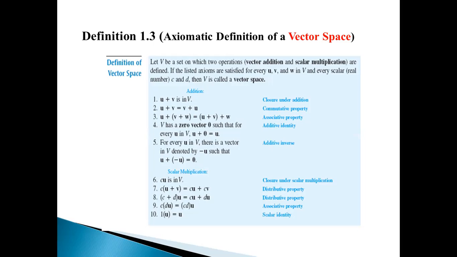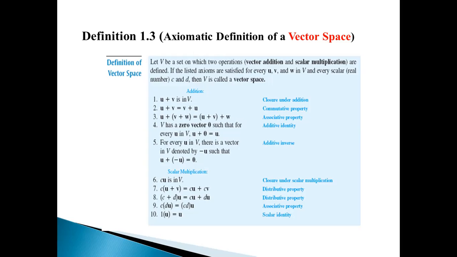Knowing these 10 axioms is important in that it is what is required to show that a particular set is a vector space. However, this definition by itself is not rigorous, because it just gives us properties and characteristics of a set which is a vector space.